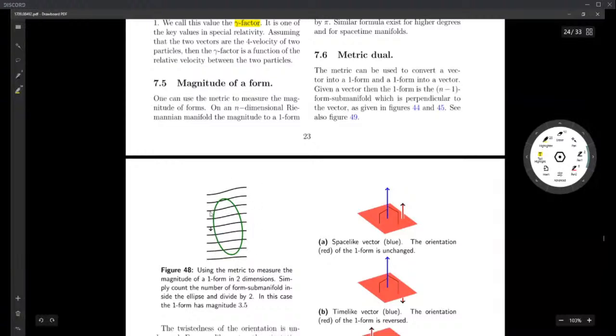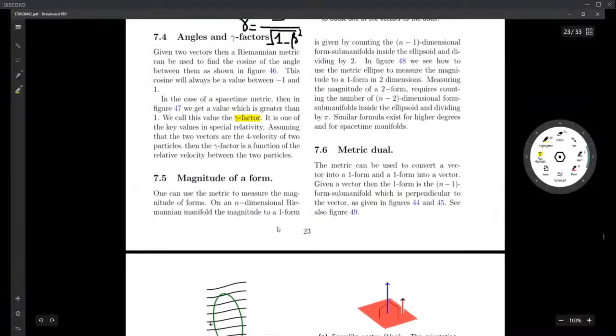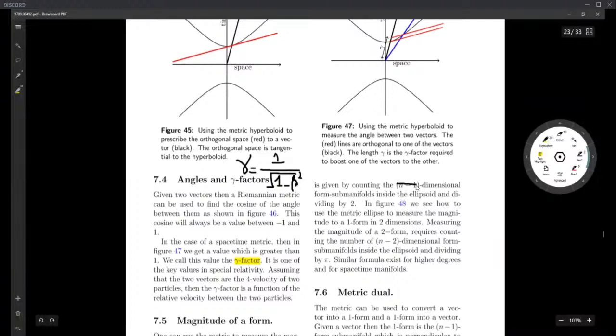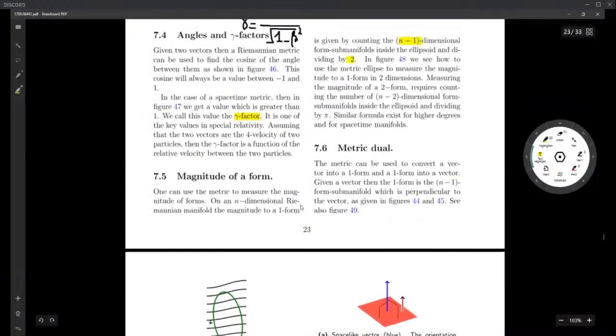Well, all you need to do is count the number of grid lines that this object is cutting through, and divide that by 2. So if this is an n-dimensional manifold that I have on my one form, all I need to do is a simple calculation of n minus 1 by 2. And that will essentially give my magnitude.